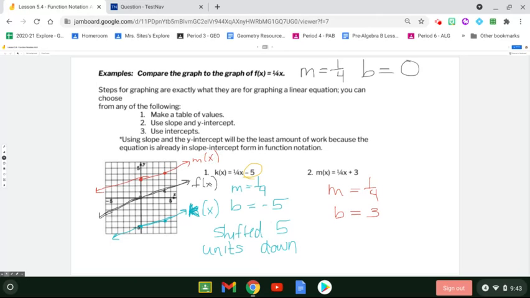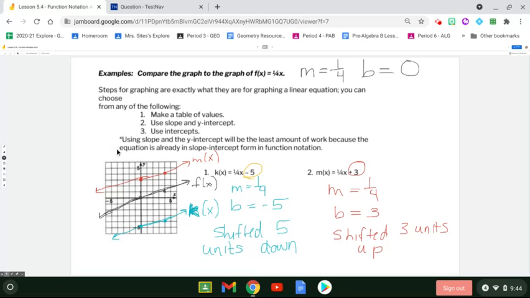When you look at the y-intercept, the difference is it's a +3. So that means in comparison to the original function f of x, it is shifted 3 units up. Okay, so when we're making comparisons of the graphs, we're thinking about how many units up or down it has shifted, and we make that comparison by looking at the y-intercept.